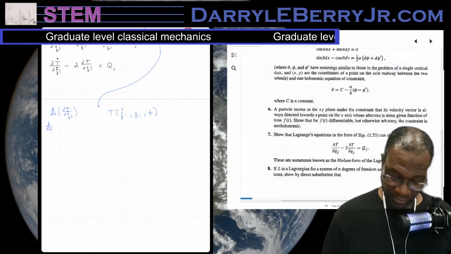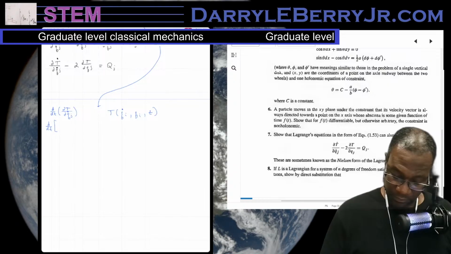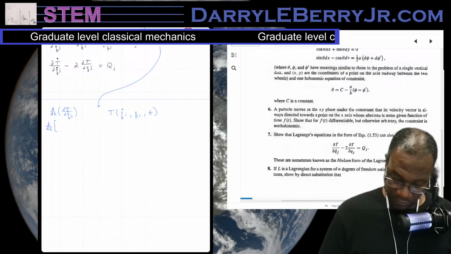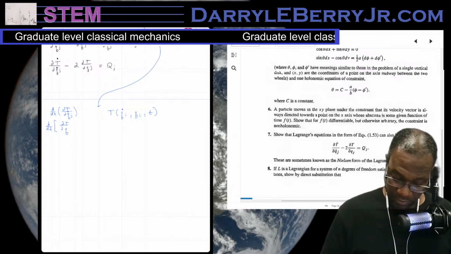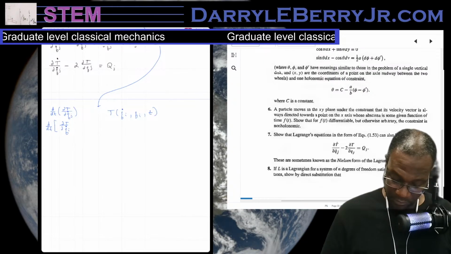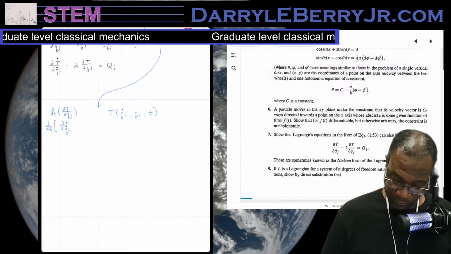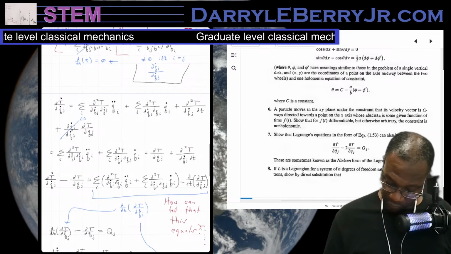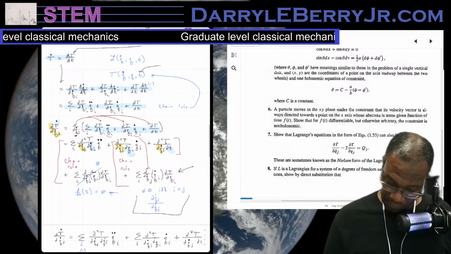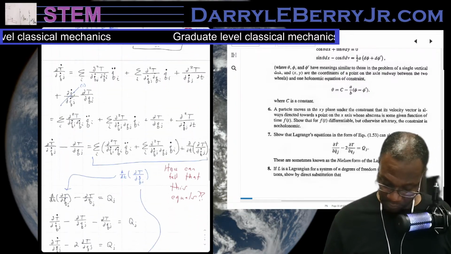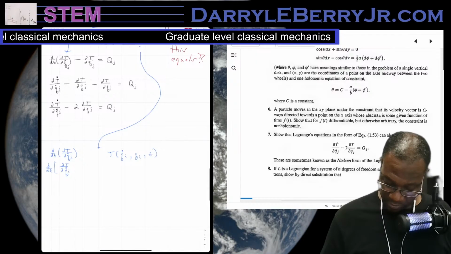We have d of dt of partial T over partial q dot I. I'm not remembering if all of these are I.